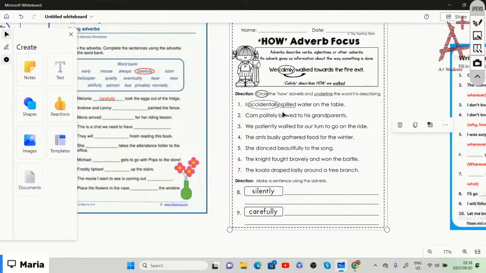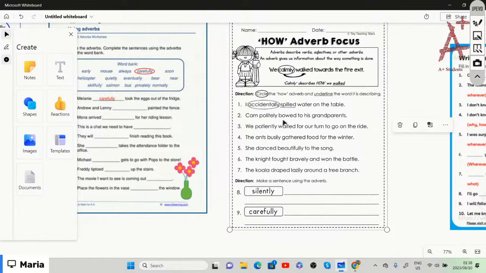Then, look at number one, accidentally spilled water on the table. So, accidentally is probably the adverb and spilled is the verb, right? Now we're going to the next one.